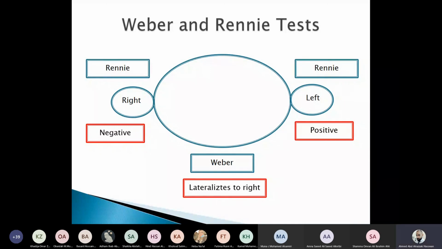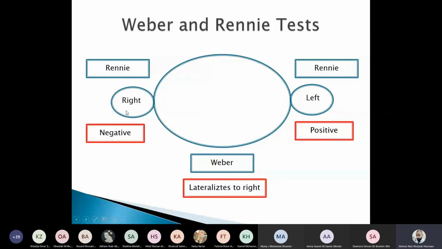Yes. Okay. So thank you, Justin. So from the Rinne test, we can say the right side has conductive hearing loss, right? Because it's negative. So Rinne test will tell us either there is conductive hearing loss or there isn't. Okay. Now, when we combine it with Weber, we said Weber lateralized to the right. So either the right side has conductive hearing loss or the left side has sensory neural.